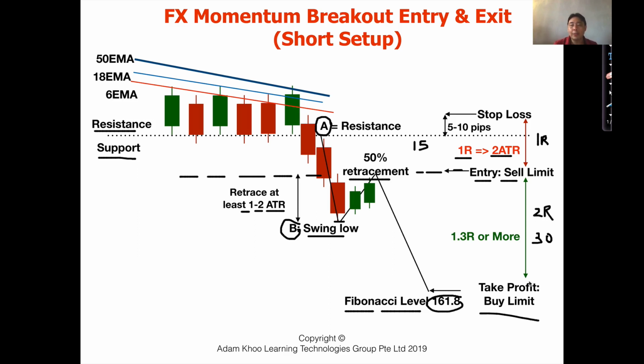Okay, so again, sometimes it could be a 2R, 1.5R, 1.6, 1.7. It is not fixed because the profit target depends on the Fibonacci level. So as long as you are making more than you are risking, then it's a reasonable trade.